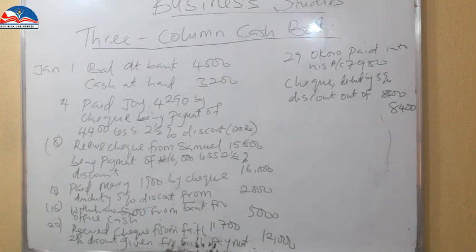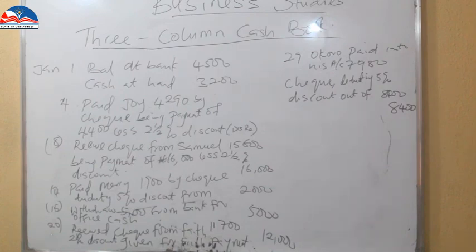And so when you subtract that from 2,000, you see there 1,900 by check, deducting 5% discount from 2,000, you have 100. How do you calculate this? You're going to say 5 divided by 100 times 2,000. When you do that, you have 100 naira as your discount received. All right. Now you go further.